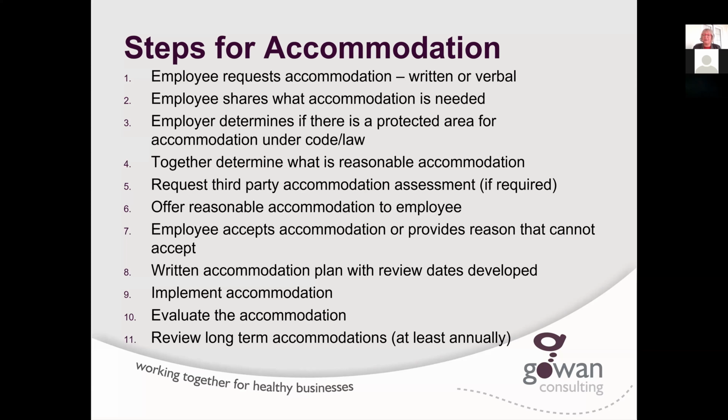So if you can't determine what is reasonable accommodation that works for both you and the employee, then we recommend that next step of a third-party accommodation assessment so that you have an objective view of what reasonable accommodation may be possible. There is then the formal offer of reasonable accommodation to the employee, and the employee accepting that accommodation or providing a reason that they cannot accept it.